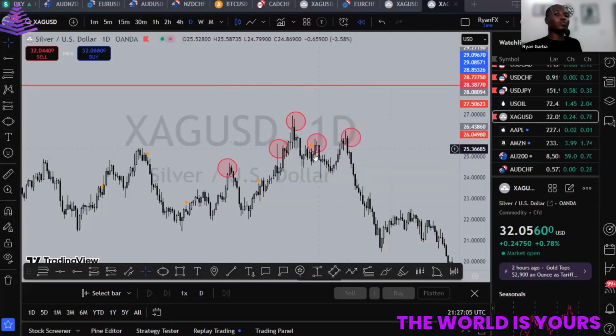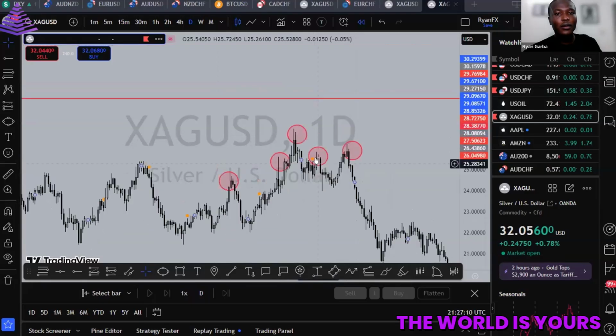You can even use here too, but I prefer let's use here. So head, left shoulder, right shoulder. Then what?